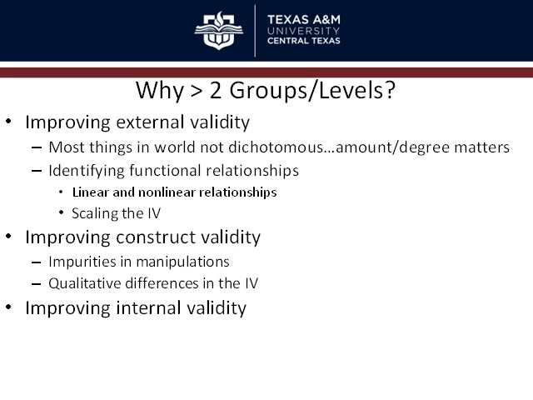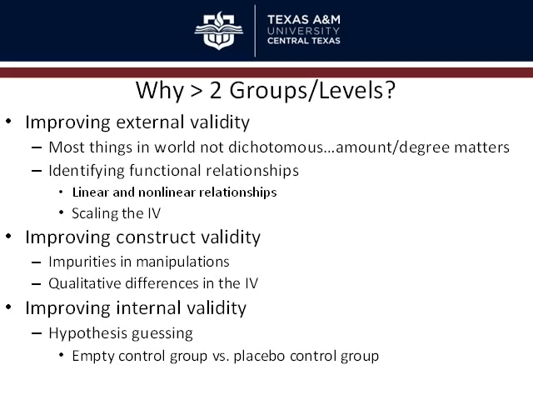Additionally, you can improve internal validity by using more than two groups. And the primary way that it helps with this is in terms of hypothesis guessing, right? Because when you just have two groups, you have experimental and control. Typically, you have one of two choices for your control group: an empty control group where nothing happens.